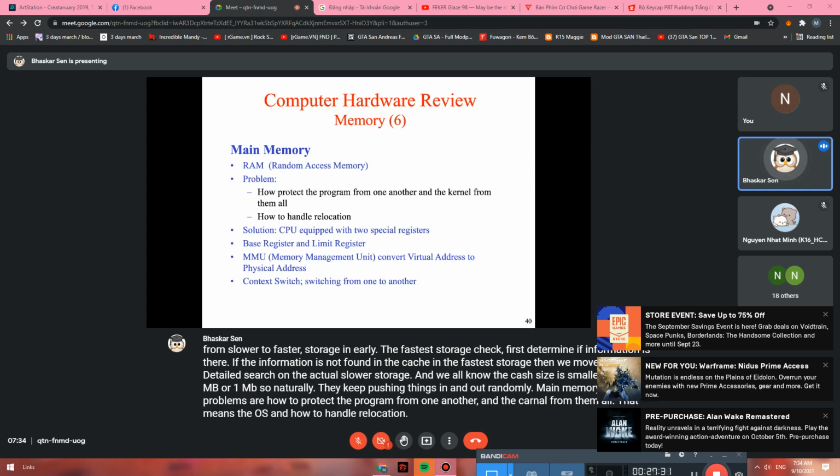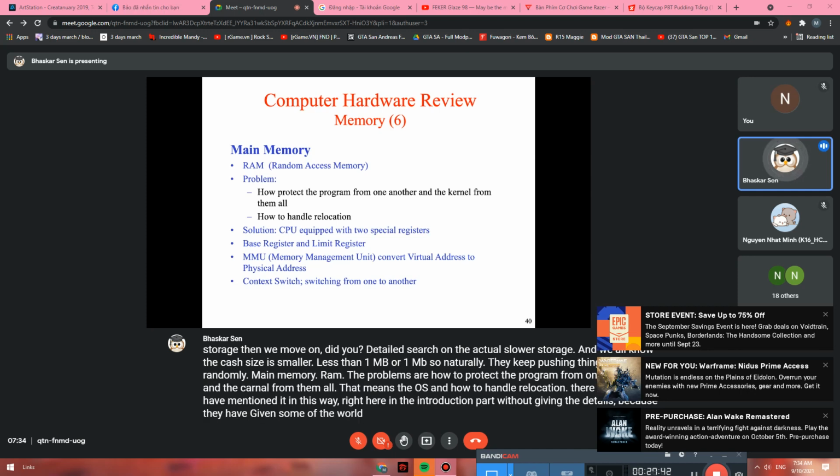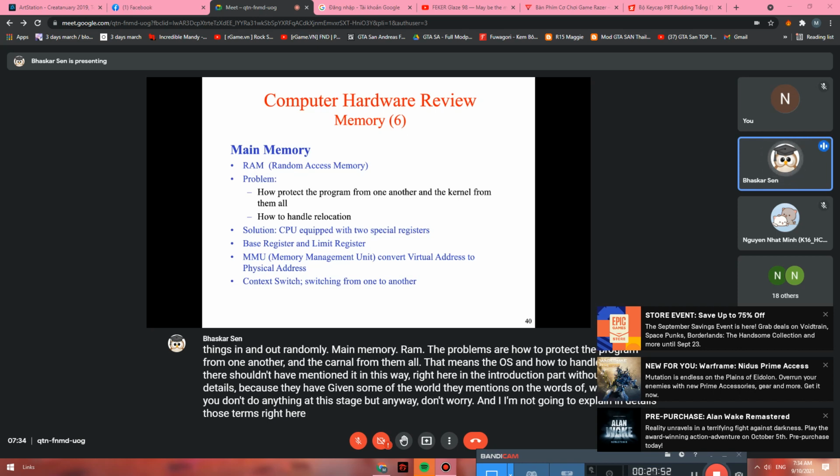They shouldn't have mentioned it in this way right here in the introduction part without giving the details, because they have mentioned some words of which I'm sure you don't know anything at this stage. But anyway, don't worry. I'm not going to explain those terms in detail right here, because we'll be spending at least weeks on memory management.